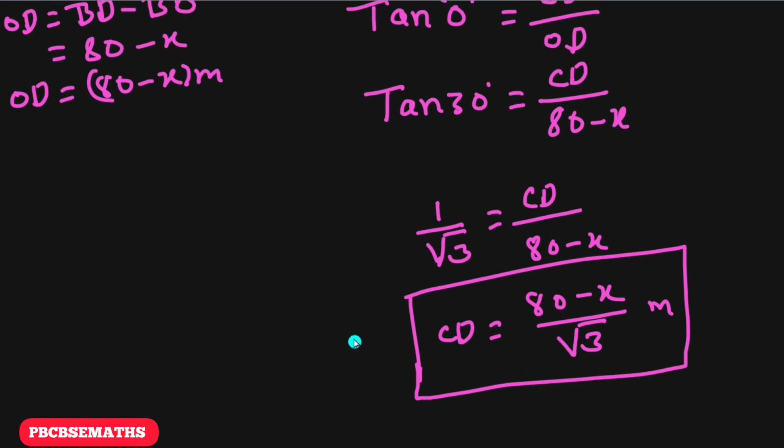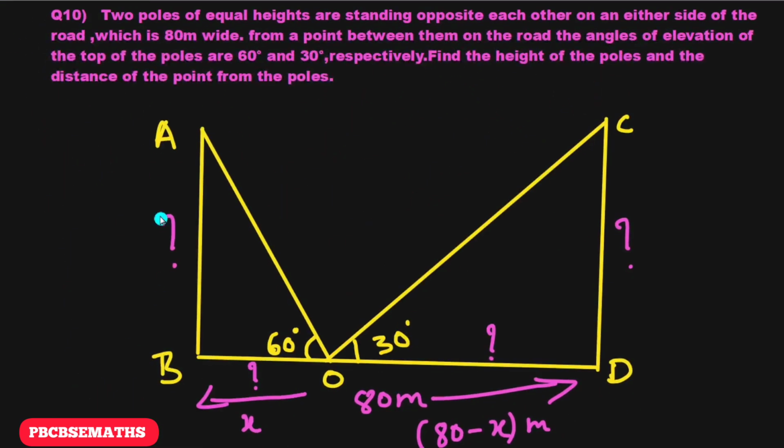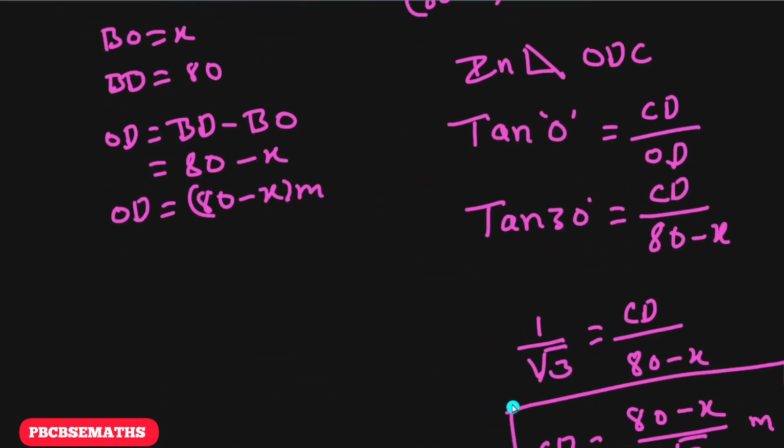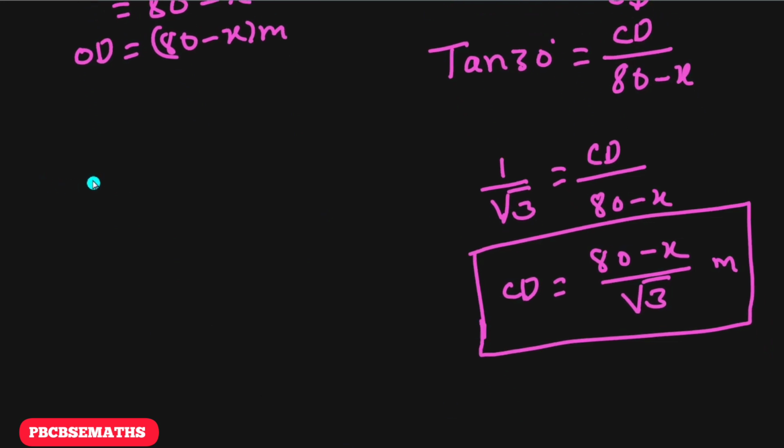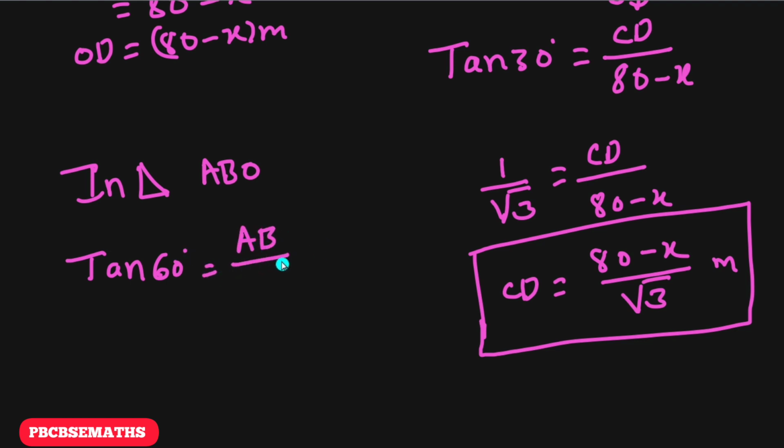So this is the value of CD in terms of x. Now let's try to find out the value of this other pole AB. So in right angle triangle ABO, let's use tan 60 degree. Then we can write, in right angled triangle ABO, tan 60 degree is equal to the opposite side AB divided by the adjacent side BO.